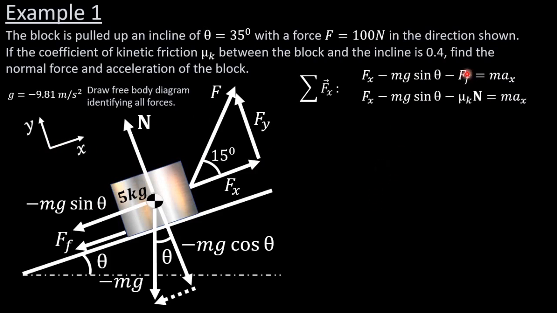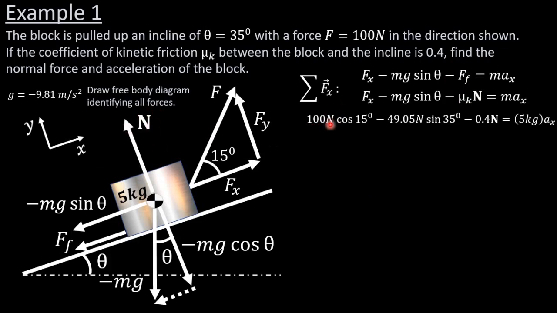So then I substitute the force of kinetic friction with the coefficient of kinetic friction times the normal force. From this point, I'm going to assume that you know that the force of friction equals the coefficient of kinetic friction times the normal force. Substitute all my numbers in, and don't get confused between N here, which means newtons, so for example 100 newtons, and n, the normal force here.